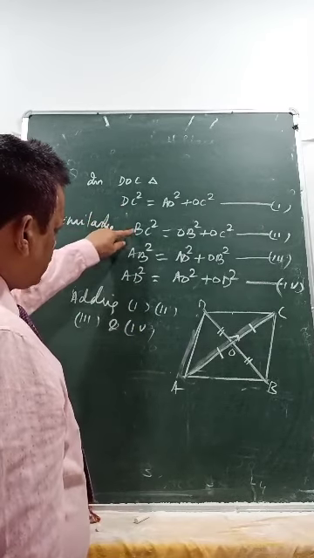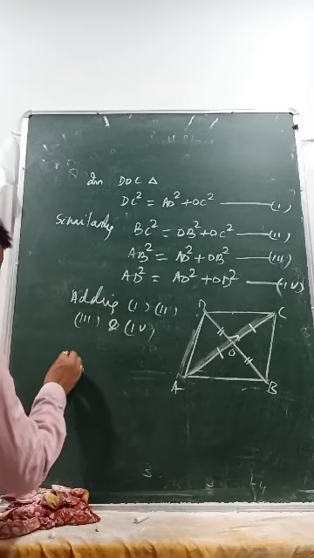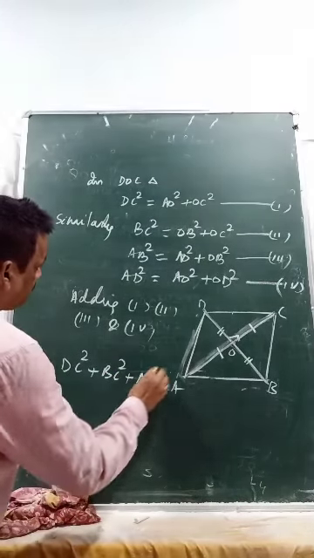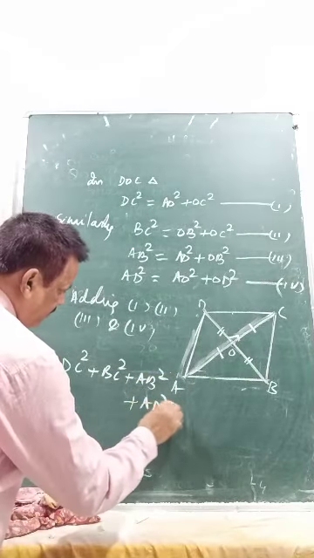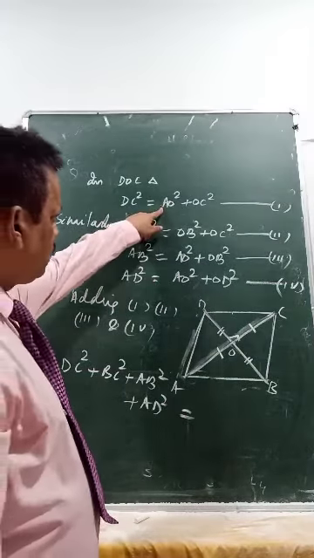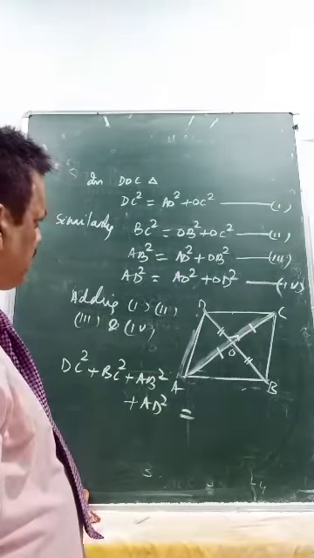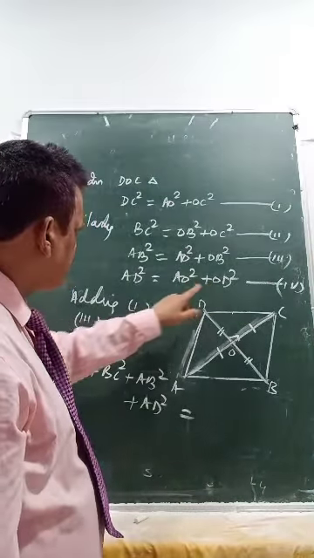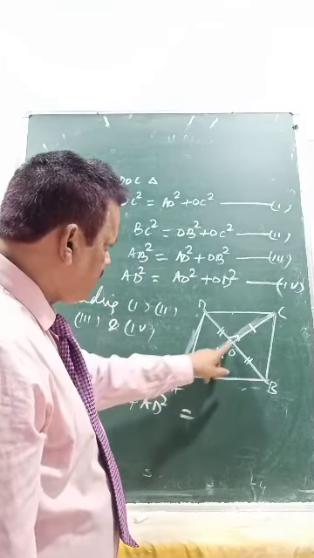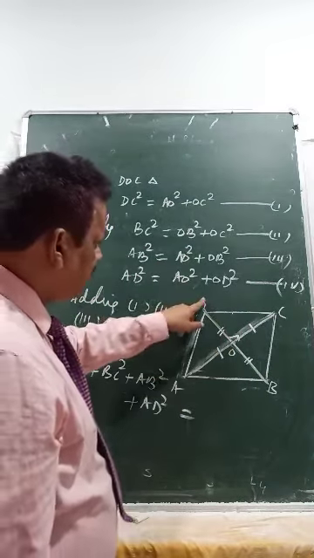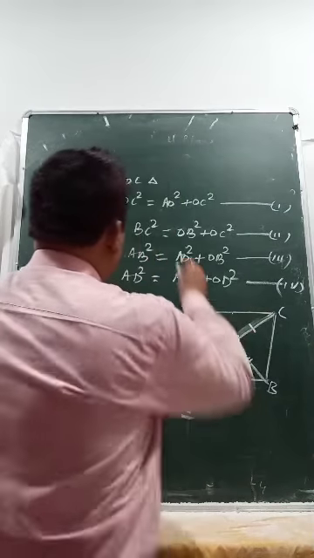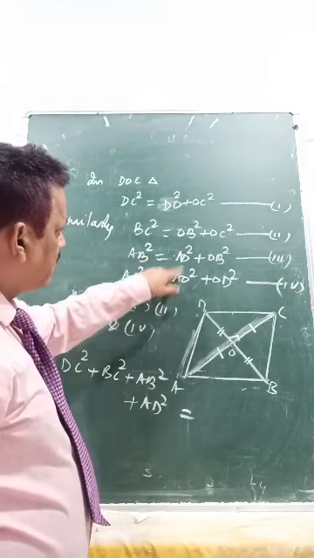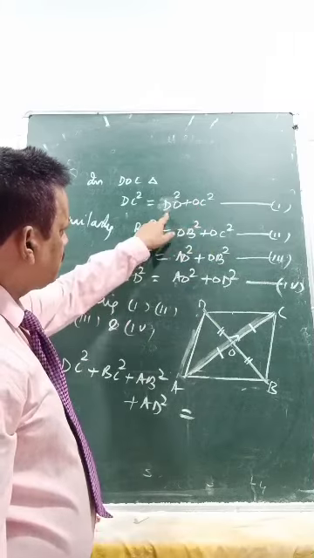BC square plus BC square plus AB square plus AD square equals, look, 2AO square, 2OB square, 2OC square, 2OD square.